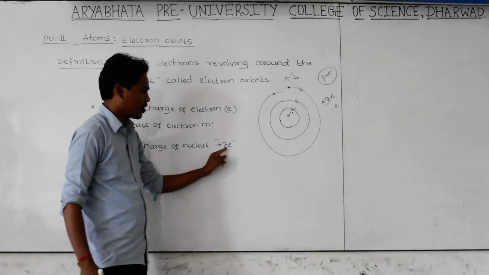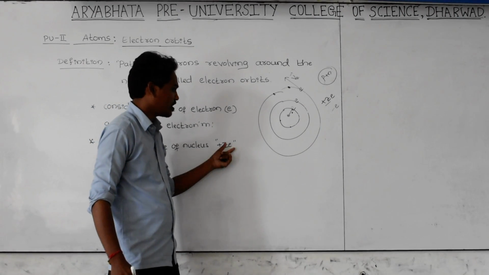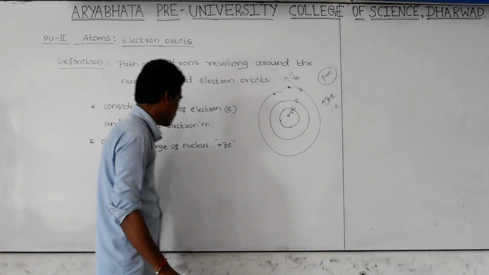If you multiply the number of charges by the charge of one proton, you get the total charge of the nucleus.